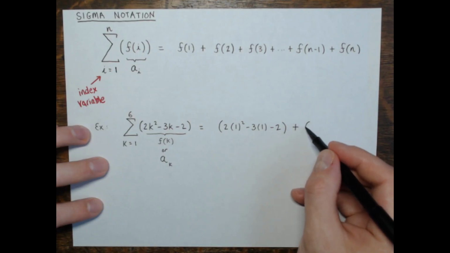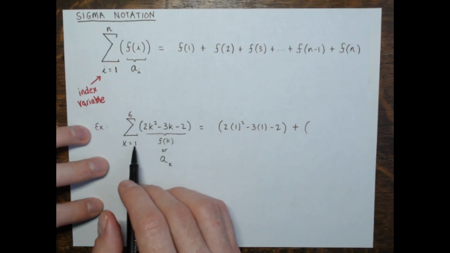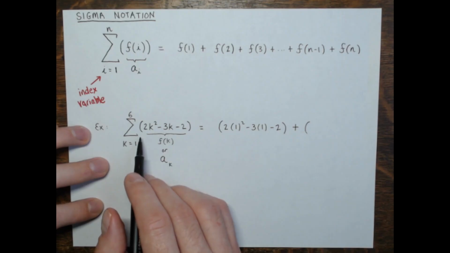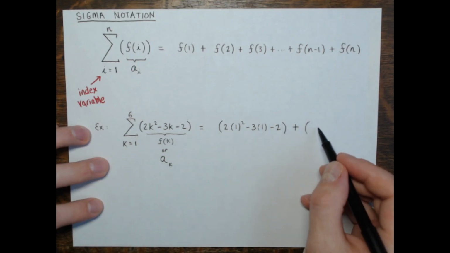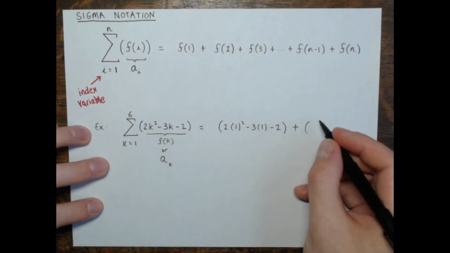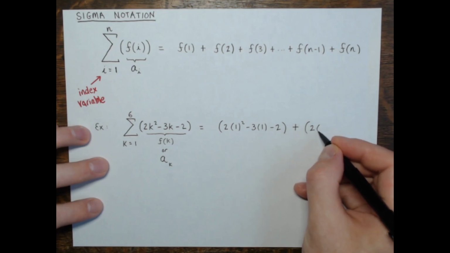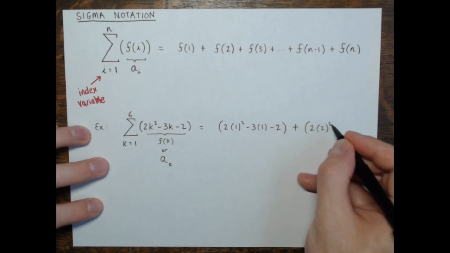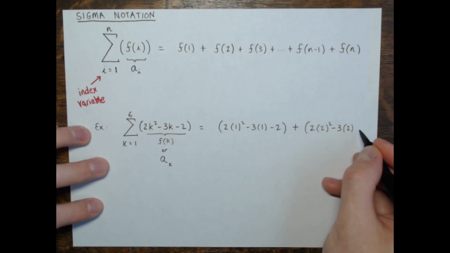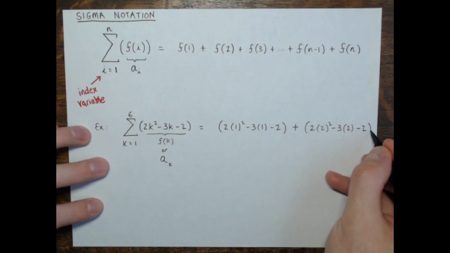It's a sum. And then I increase the value of the index variable by 1 each term. So the next part of this sum, I'm plugging in k equals 2. So now it's 2 times 2 squared minus 3 times 2 minus 2.